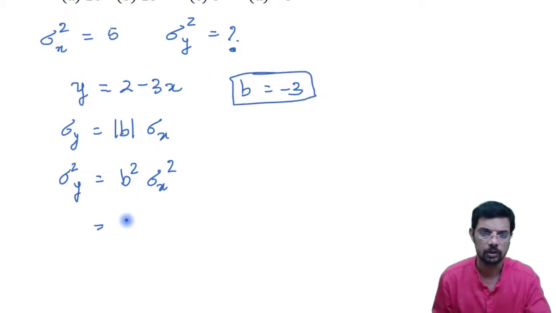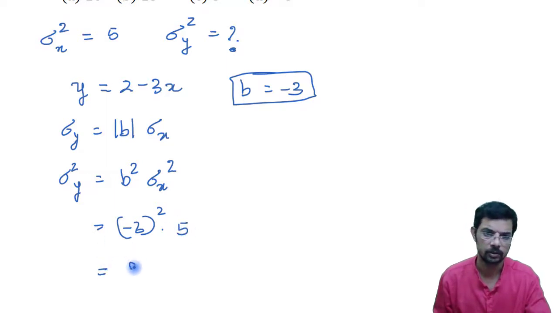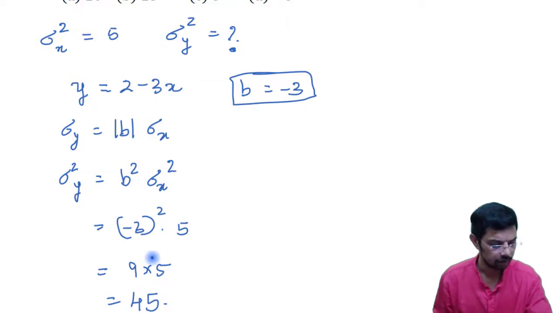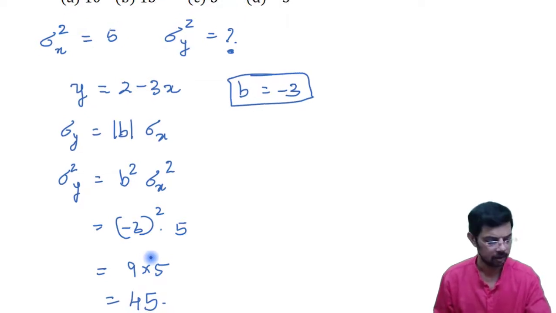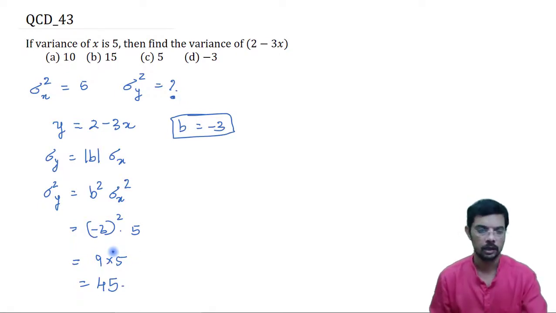So b square is minus 3 the whole square, into the variance of x. The variance of x is given to you as 5. So it is equal to 9 into 5. 9 fives are 45. So the variance of y is 45.